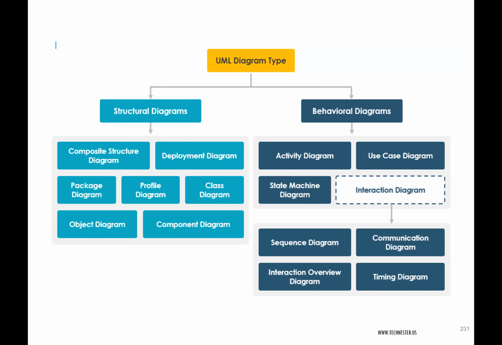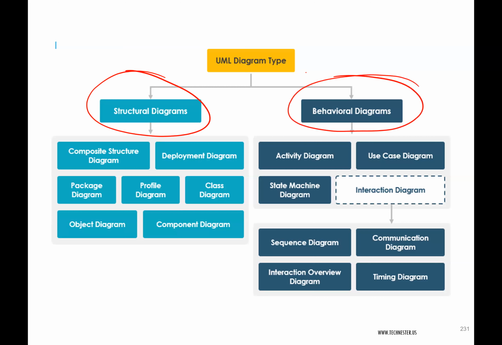So like I mentioned, there are several techniques under UML. UML is not one technique, but you can categorize these techniques into techniques that help you model the structure of your system and techniques that help you model the behavior of your system. Some of these techniques for structure will include class diagram, which is the one we will focus on.